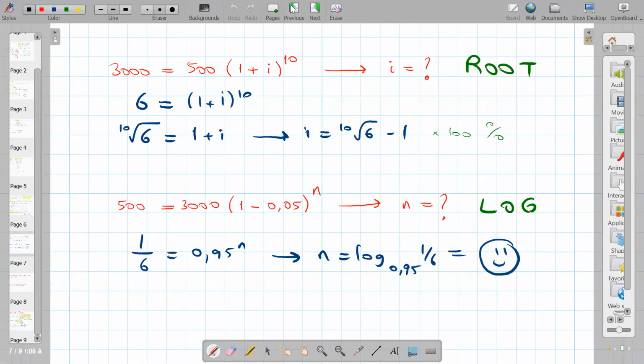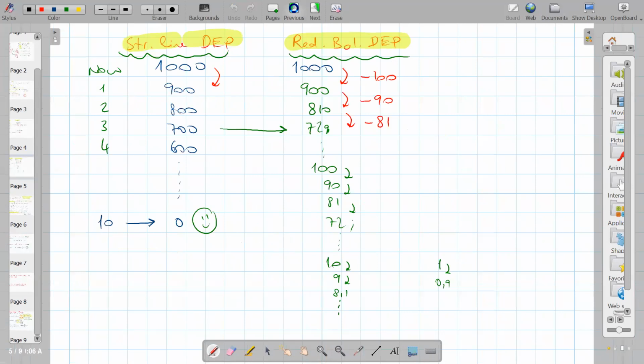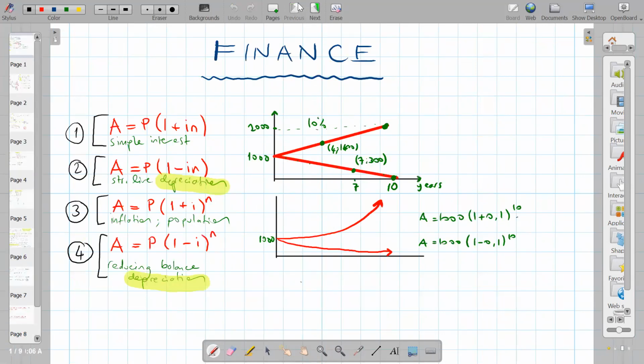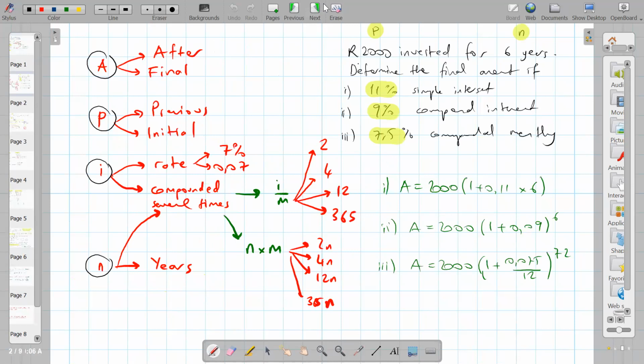Okay, now if you go through the things from yesterday quickly, we mentioned the A formulas, the 4 of them, and even with the graph, how they increase, why it is a straight line or an exponential function. And then you need to know their meaning, what A stands for, what P is, what I is, what N is.